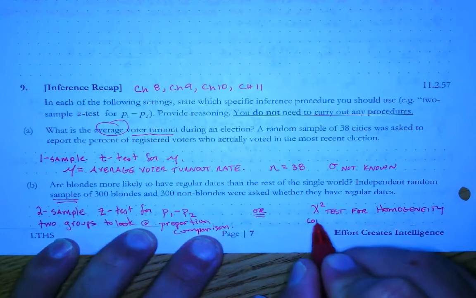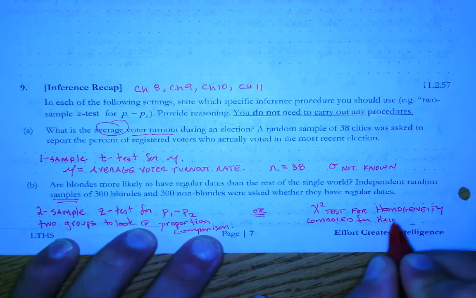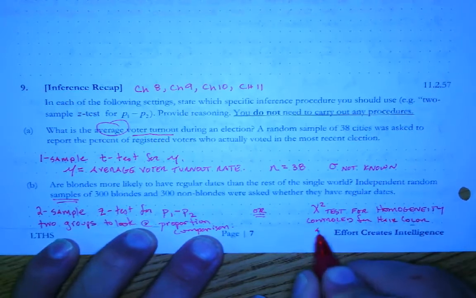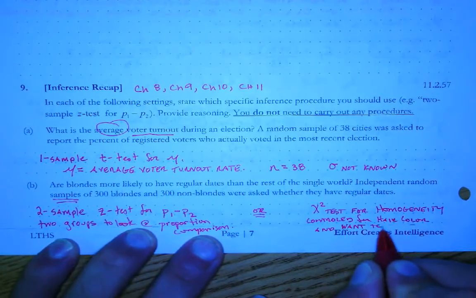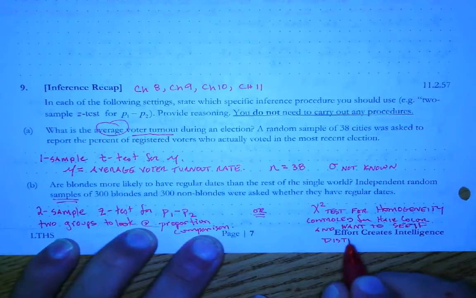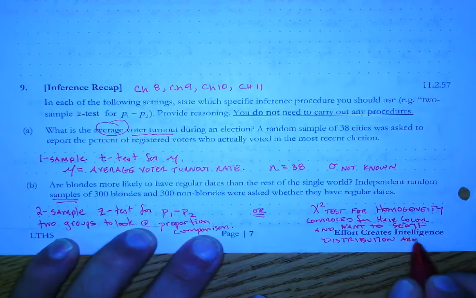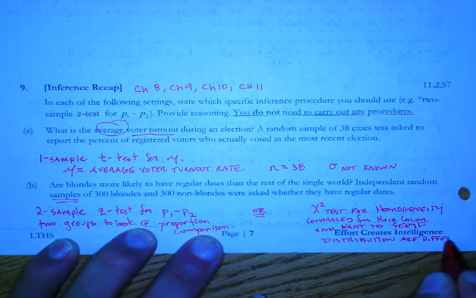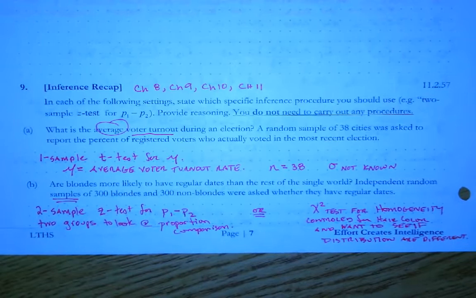Because we controlled for hair color and want to see if distributions are different. Right? Is the distribution of dates for blondes different from the distribution of dates for non-blondes?